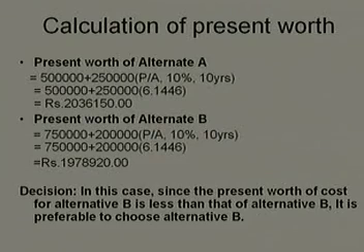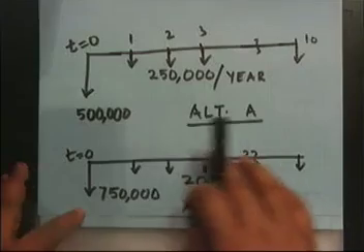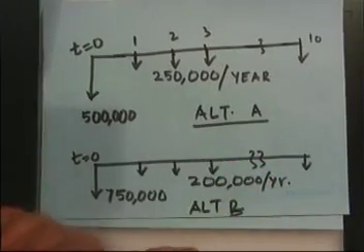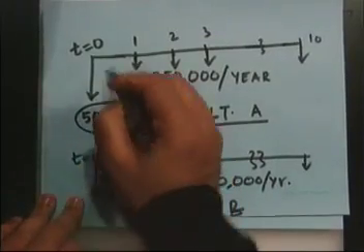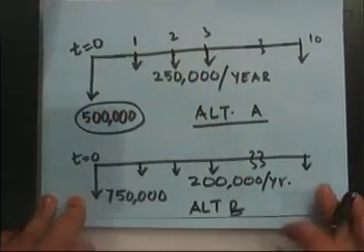So, let us not go into the discussion on whether it should be present cost or present worth, but just try to understand the principle of how to calculate the present worth or present cost. If you look at this particular slide, this 500,000 is at time t equal to 0.